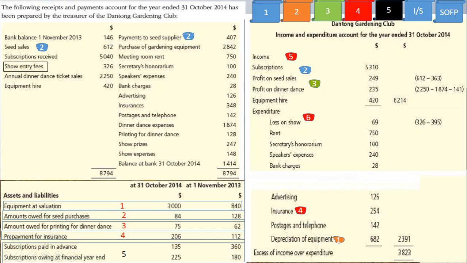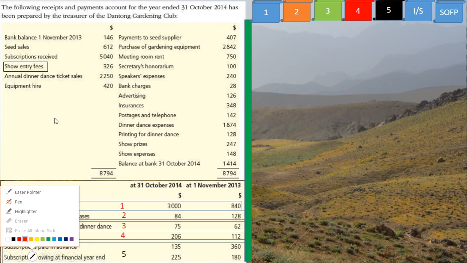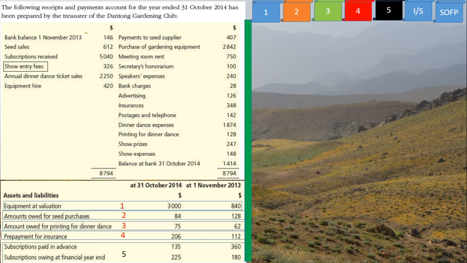So that's how we present it, that you understood. So seed sales done. Now subscription receive. Here we have subscription receive. So make the habit of marking what you have done. So let's mark this.